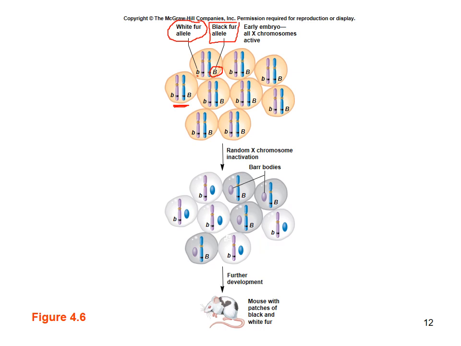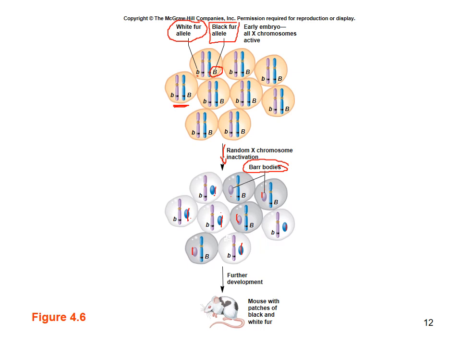So go ahead and follow the arrow, and it says random X inactivation, and notice how in the different cells, they just at random went ahead and created bar bodies. So they condensed down one of the X's, and they basically inactivated that X chromosome.